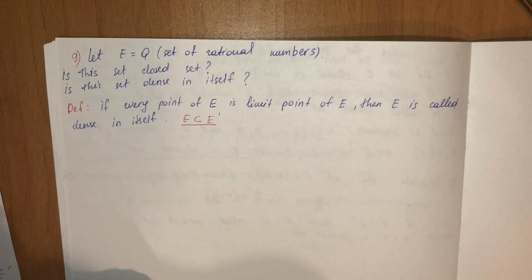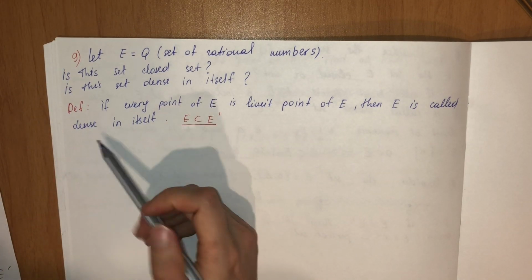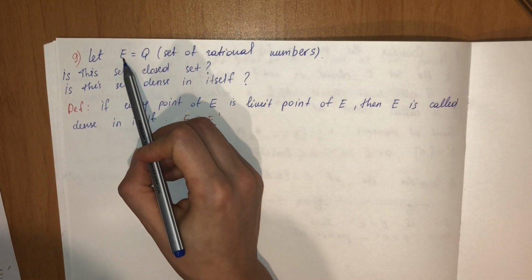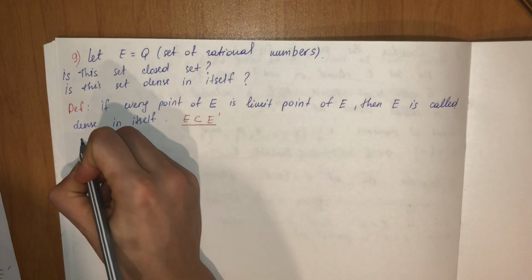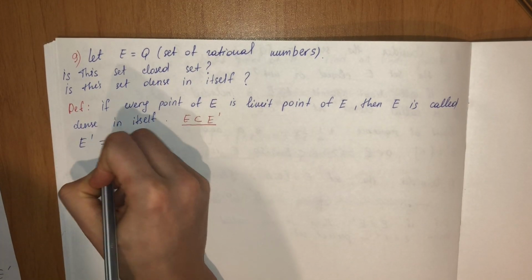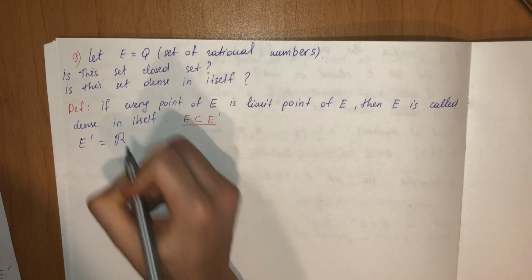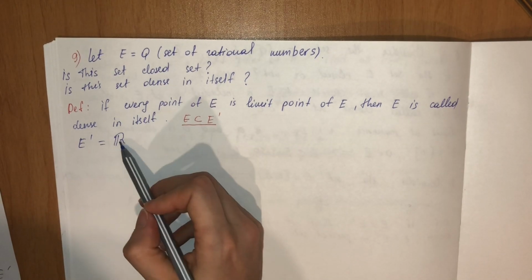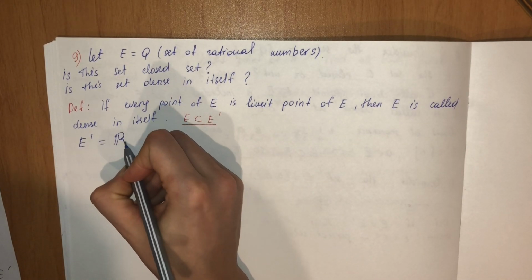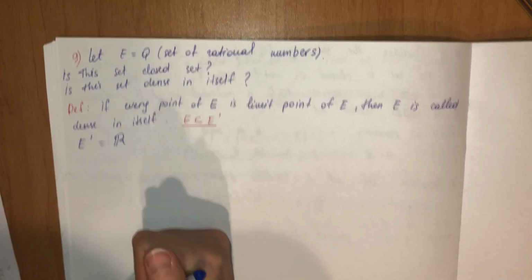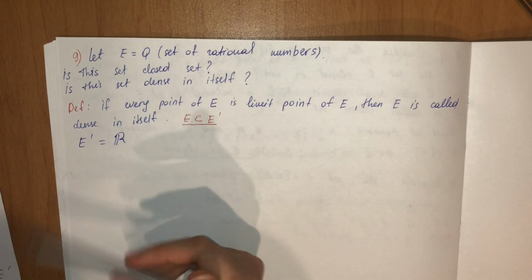And here in our given example, the set of limit points of E, I mean E prime, is the set of real numbers. Yes, we have proved it in our previous examples.